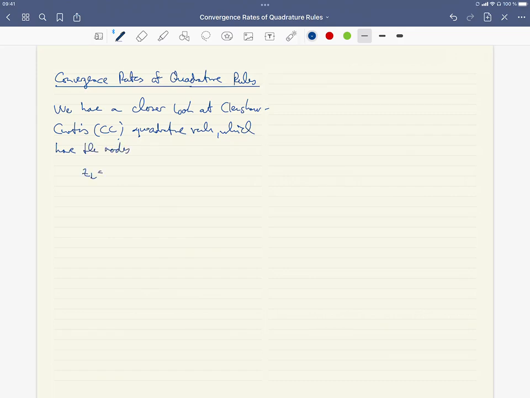So you remember z_k is the cosine of (k minus 1) over (n minus 1) times pi, which are the extrema of the Chebyshev polynomials.